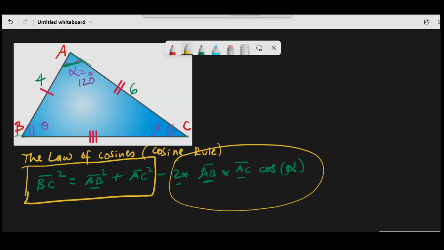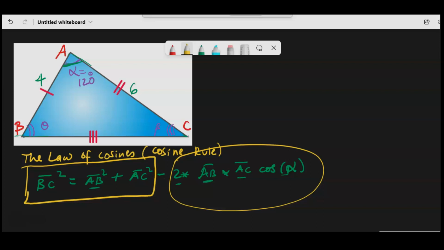That's why it says the sum of the squares of any two sides is less than the square of the third side by this amount.